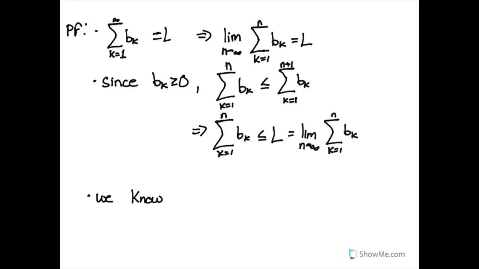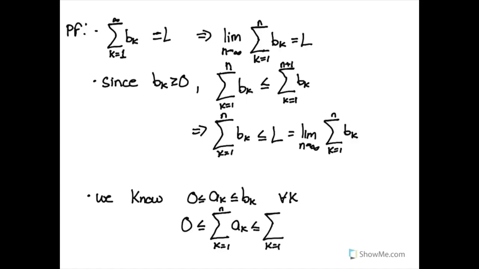We know that 0 is less than or equal to AK, which is less than or equal to BK for all K. Well, that implies that if I sum up the first n entries of both AK and BK, we'll get the relationship that 0 is less than or equal to the partial sum of AK from k equals 1 to n, and that's less than or equal to the partial sum of BK, right? And from the line above, we have that this is less than or equal to L.